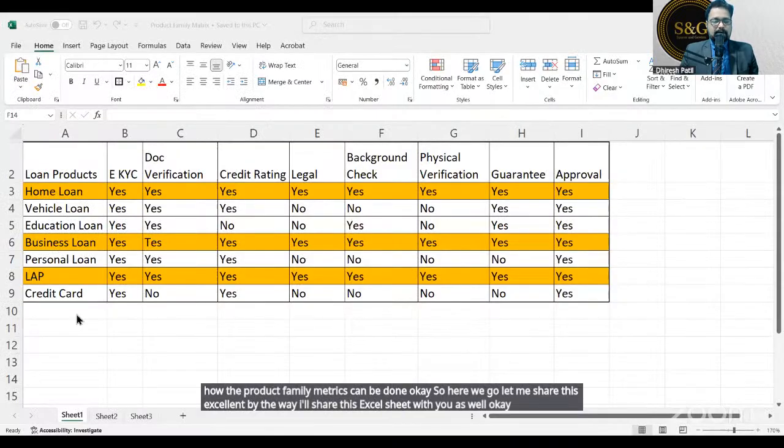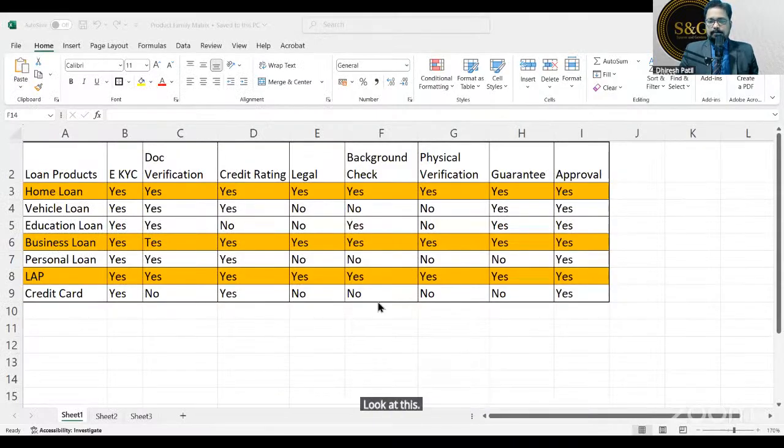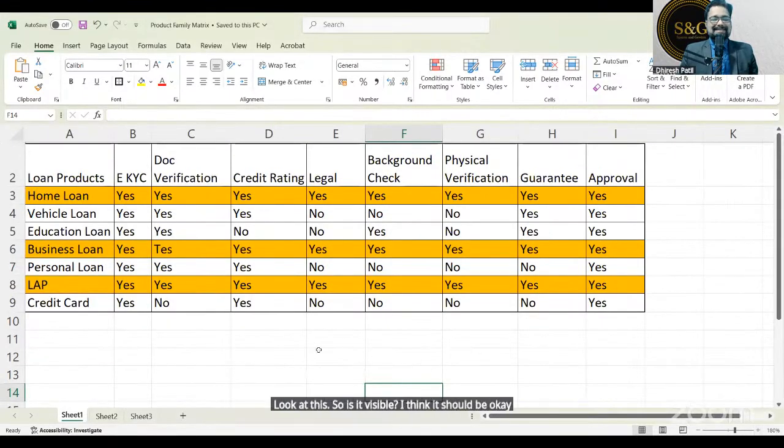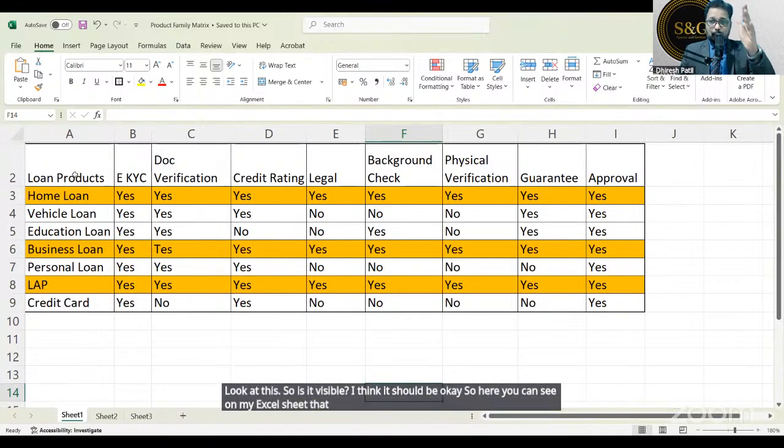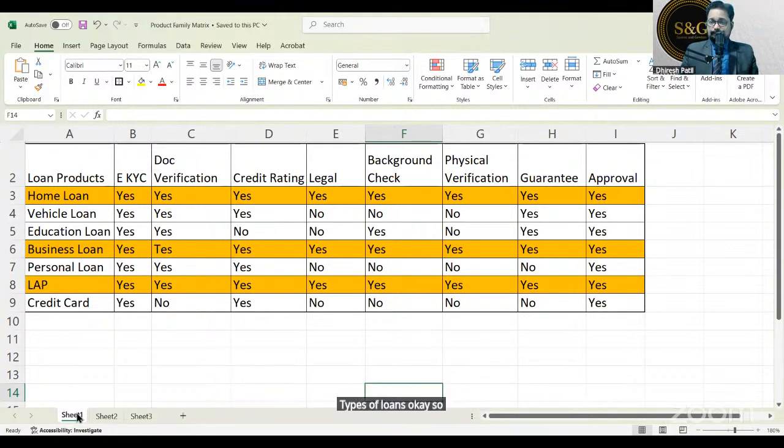Look at this. Is it visible? I think it should be. Here you can see on my Excel sheet these are different loan products of a bank: home loan, vehicle loan, education loan, business loan, personal loan, loan against property, and credit card. These are the various types of loans. First they listed these down.